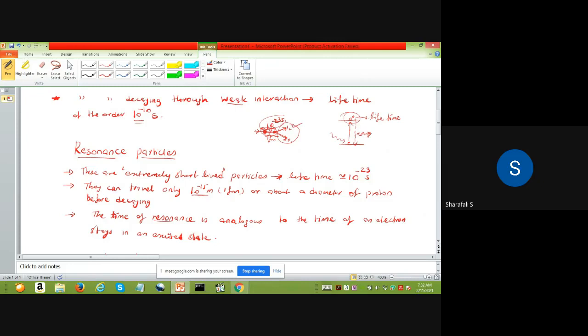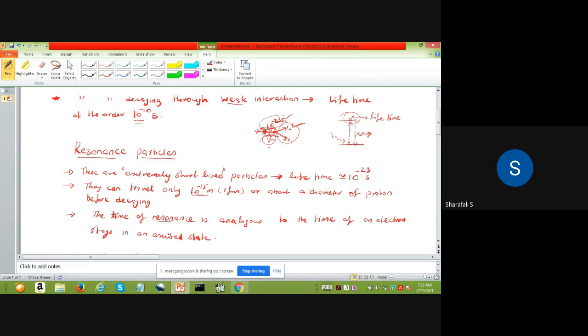By analyzing these P1 and P2, which are the decay particles, that is, analyzing the decay products from this resonance particle, we can conclude that there is some resonance particle. We cannot directly observe them because their lifetime is 10 raised to minus 23 seconds, and they cannot travel much distance.